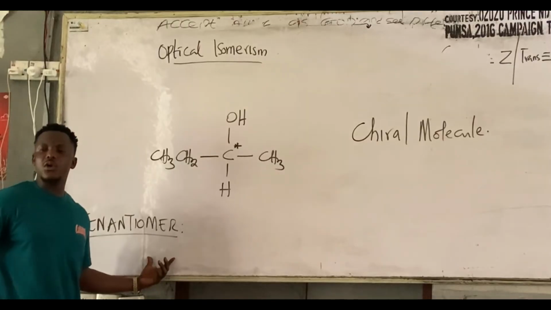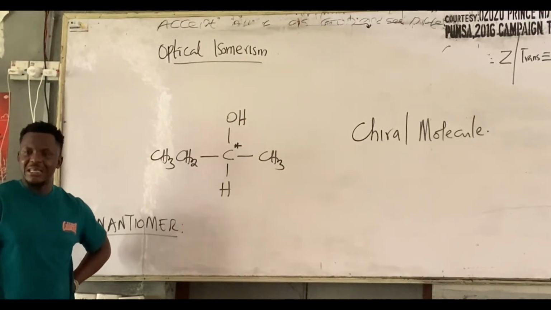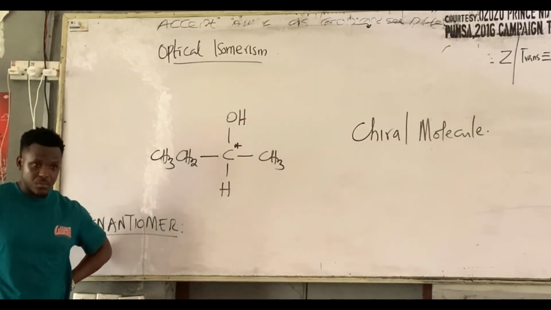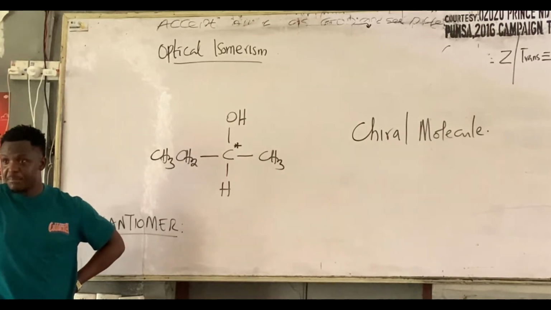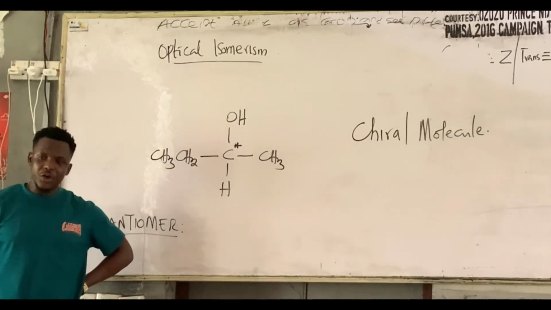A chiral molecule and its mirror image constitute a pair known as enantiomer. Hold on. You're going to find this out.